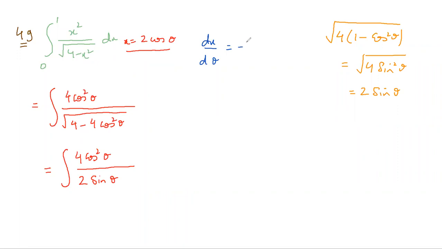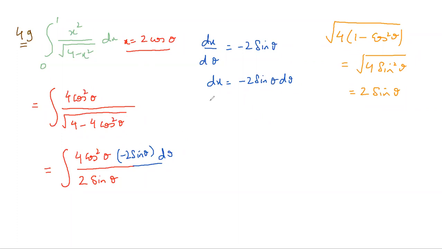That is going to be minus 2 sine theta. So now this dx is going to be minus 2 sine theta d theta. So I'll write here minus 2 sine theta d theta.